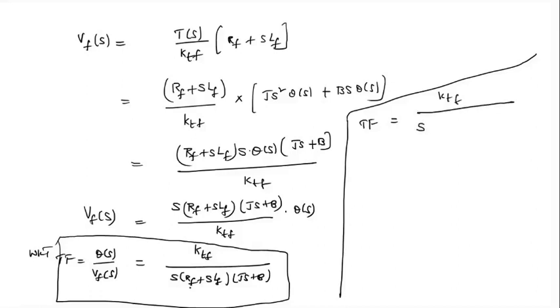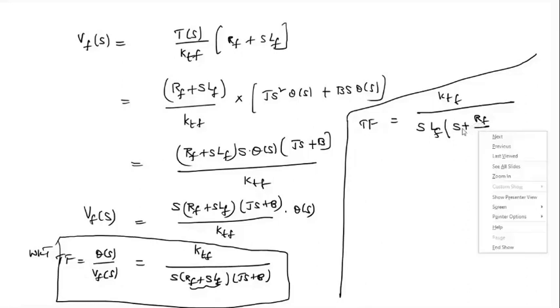In this expression, I'm going to take LF common. If I take LF common, it will become S plus RF by LF.